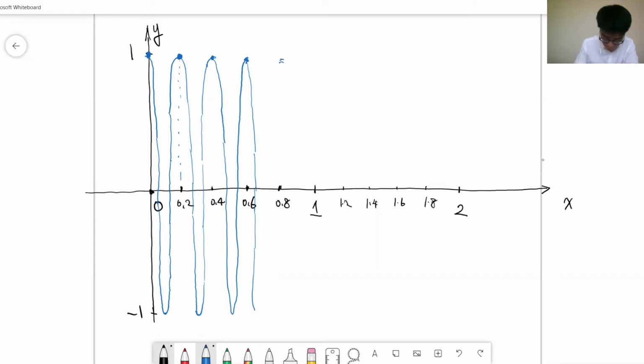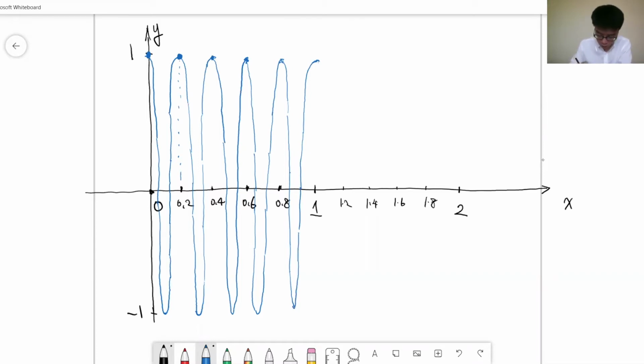From 0 to 1, there will be 5 periods. Let me draw this 5, and then the other 5. I'm trying to draw everything so you have clear intuition, but actually we don't need to draw it if you can imagine these 5 periods.